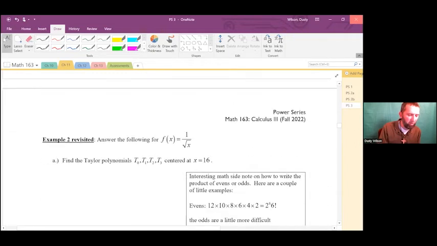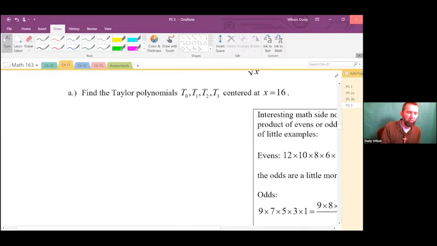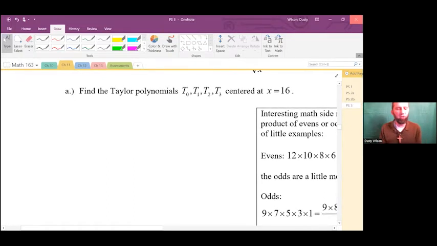So here we are in this next example. We want to find the Taylor polynomials T0, T1, T2, T3 centered at x equals 16. So this looks a little scary. It might even look like a bunch of Terminator movies to some of you, but this is actually pretty straightforward. So we look at T0. T0 is simply the Taylor polynomial that just includes the very first term.